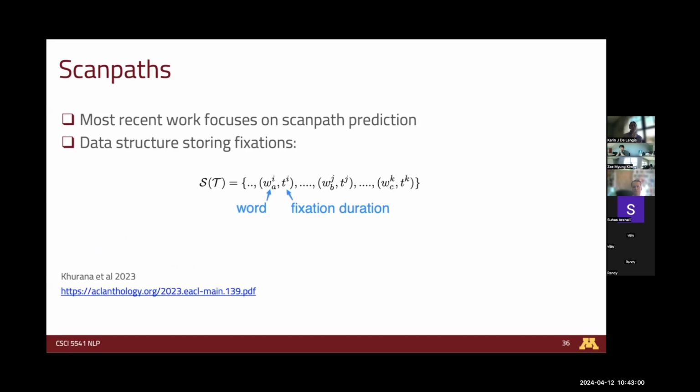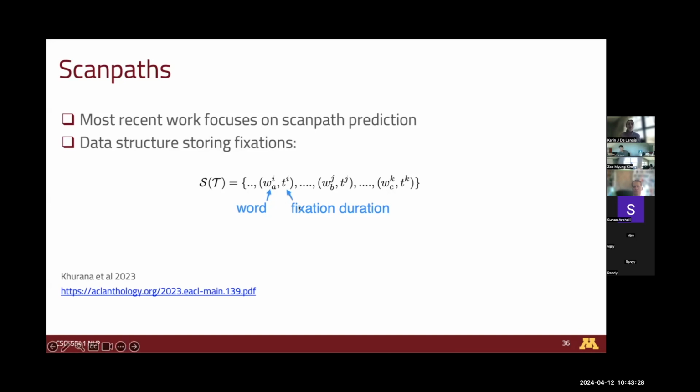I would actually be interested to hear if this is something that appears in other fields outside of NLP, because I wasn't sure if this was something that researchers on the NLP side had been thinking of, or if this is inspired from other areas. But anyway, the idea for the scan path is it's a data structure that basically just stores fixation data for a text.